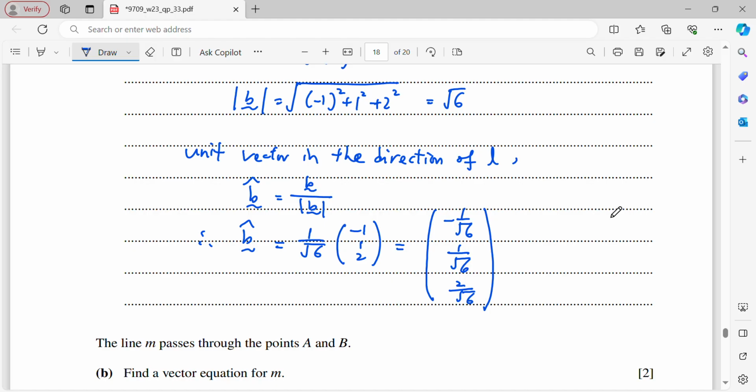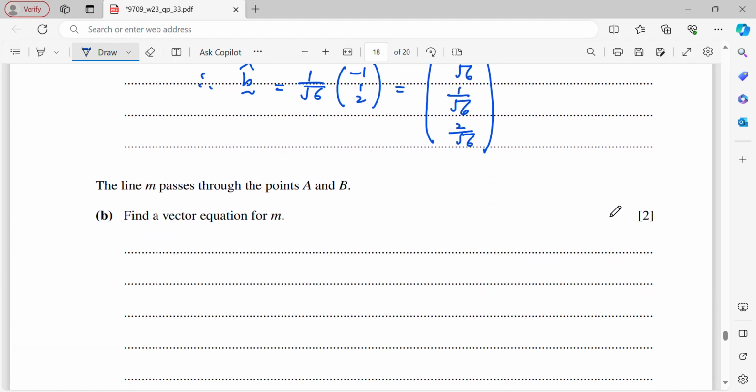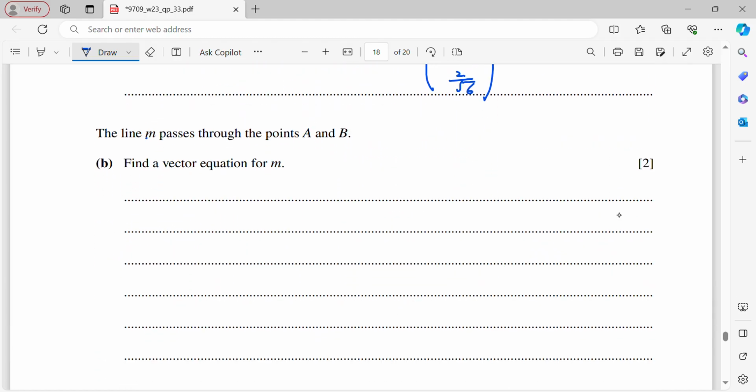Okay, so done for this part. Now, the line M passes through points A and B. Find the vector equation of M. So now I have to find the vector AB. The vector AB is vector OB minus vector OA.